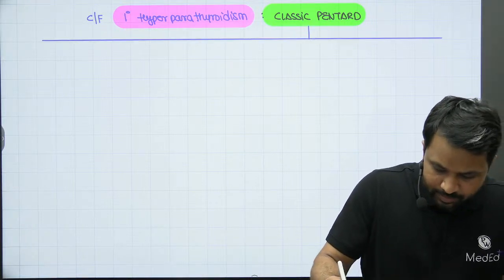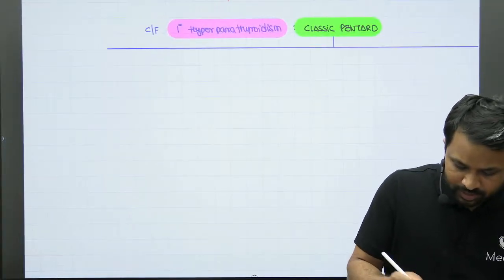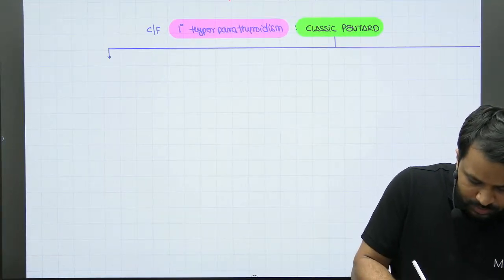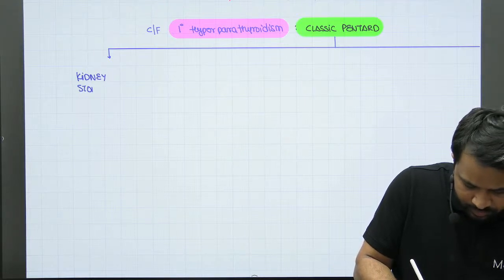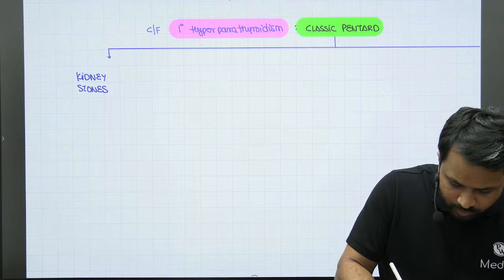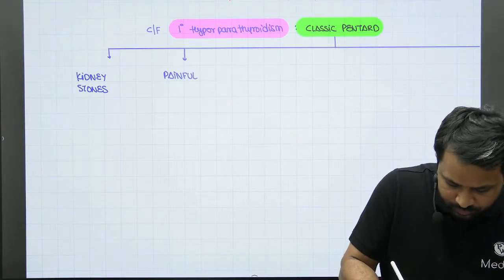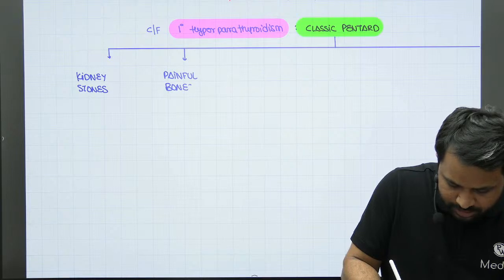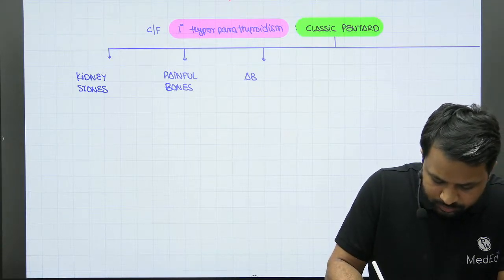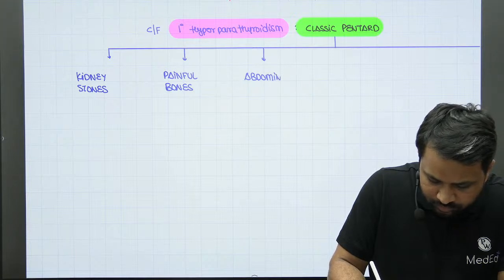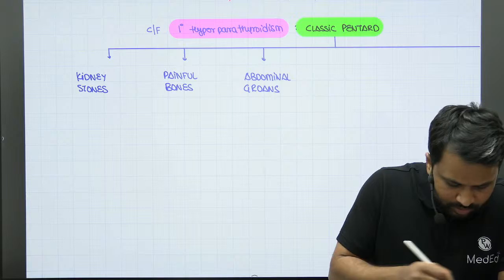In this classic pentad, the patient will develop kidney stones, along with kidney stones, there will be painful bones. Then there are abdominal groans.